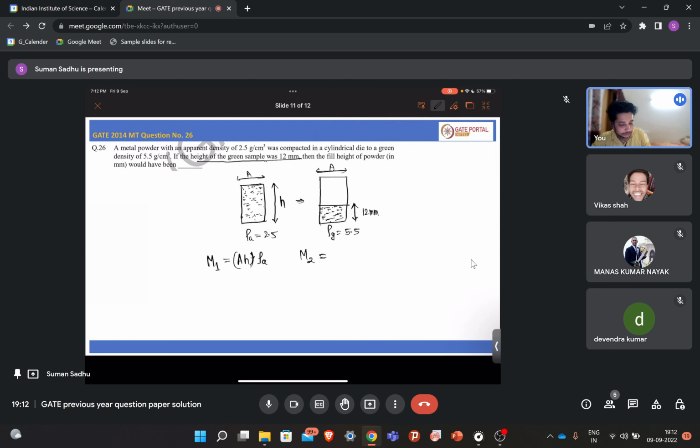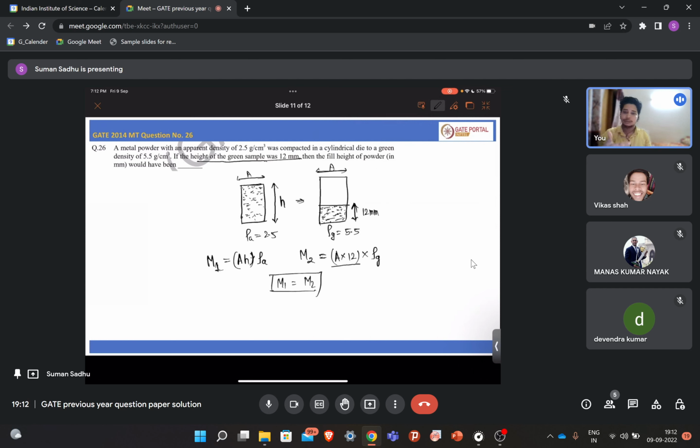Mass is area into height, which is 12. So this is your volume, and volume into density is your mass, right? So rho G. Now if we assume that when you are compacting this powder there is no loss of powder, then the mass is the same. So M1 is M2, conservation of mass.